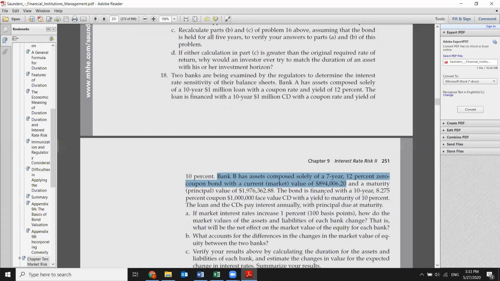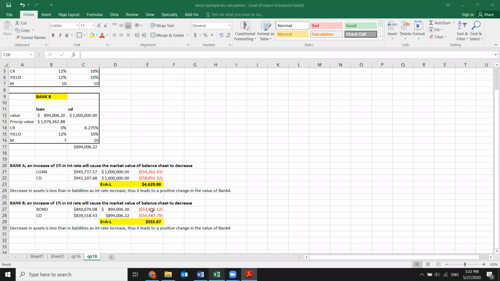The bond is financed with a 10-year, 8.275% coupon payment CD with a face value of 1 million, and the yield to maturity is 10%. 10%, 10-year. Okay. What else? We used all the numbers, and we get this. And this is the bond value, which is for 12% yield with a zero coupon bond and 7 years.